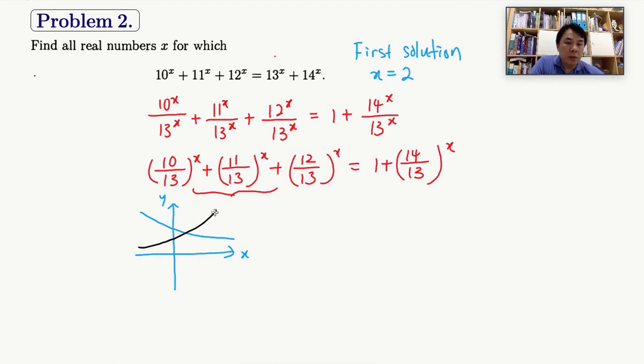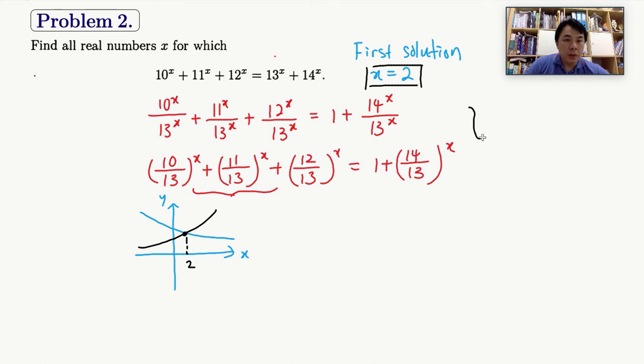And then since one of the functions is increasing and the other function is decreasing, therefore the only chance that they can meet each other is at one point, which means it will yield one solution. And then the only solution that we have at this moment is x equal to 2.